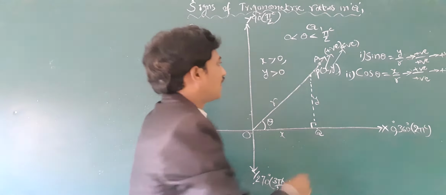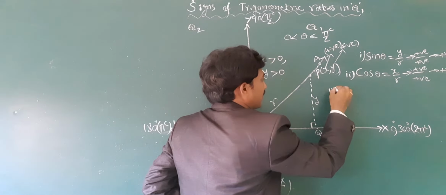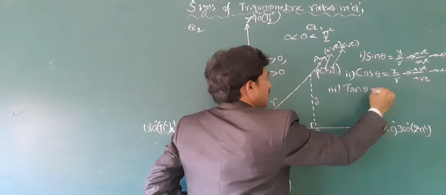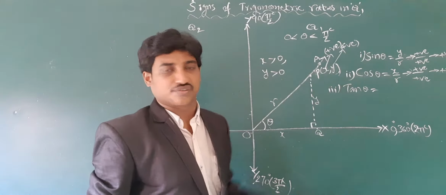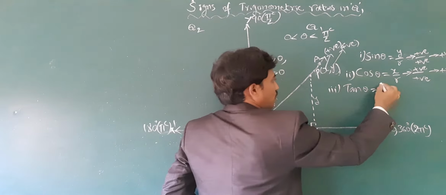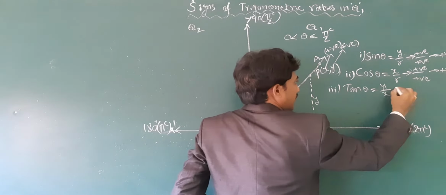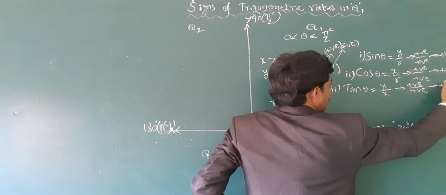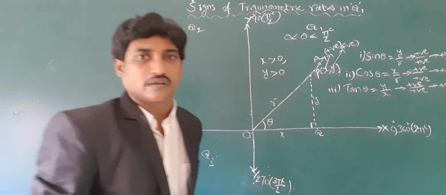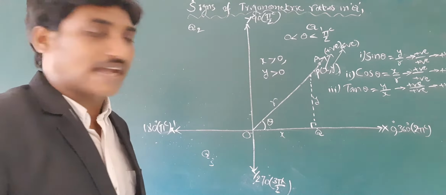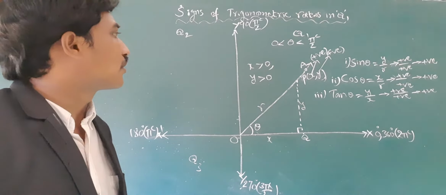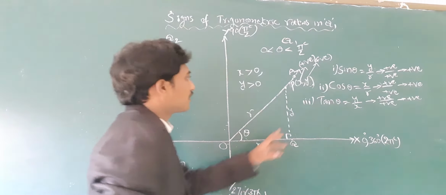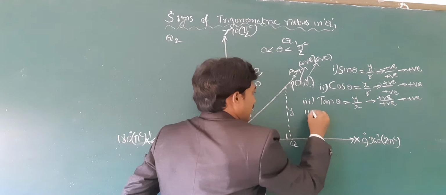Next, tan theta. Third one, tan theta. Tan theta is Y by X. That is positive quantity by positive quantity. We get positive quantity. So finally we got sin theta is positive, cos theta is positive, tan theta is positive. Next, cosecant theta.